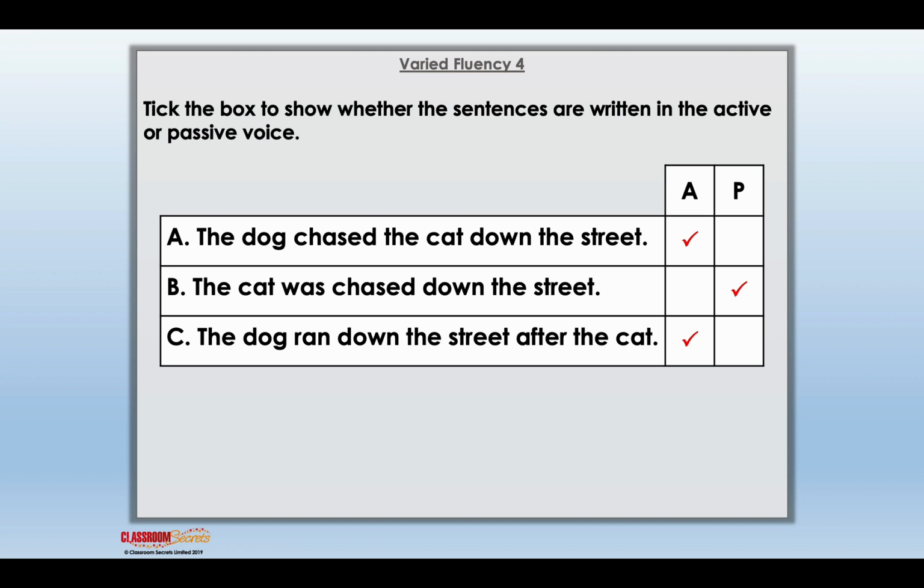A is in the active voice. The dog chased the cat down the street. B is in the passive voice. The cat was chased down the street. Notice how the subject and the object of the sentence have now been reversed, and we also have was chased. And lastly, the dog ran down the street after the cat is active voice.